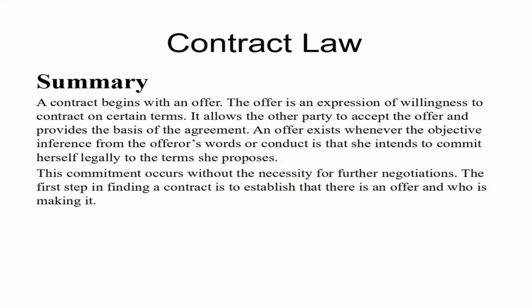An offer exists whenever the objective inference from the offeror's words or conduct is that she intends to commit herself legally to the terms she proposes. This commitment occurs without the necessity for further negotiations. The first step in finding a contract is to establish that there is an offer and who is making it.